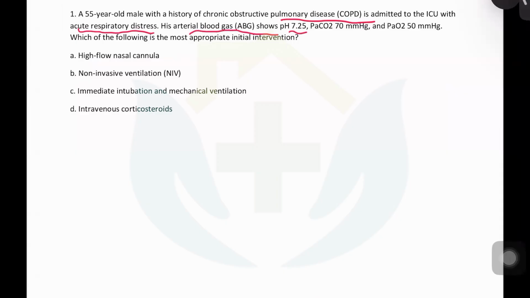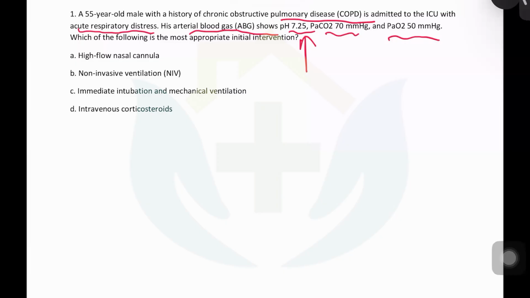The ABG tells us that the pH is 7.25, PaCO2 is 70, PaO2 is 50. Which of the following is the most appropriate initial intervention? High flow nasal cannula, non-invasive ventilation, immediate intubation and mechanical ventilation, or intravenous corticosteroids?